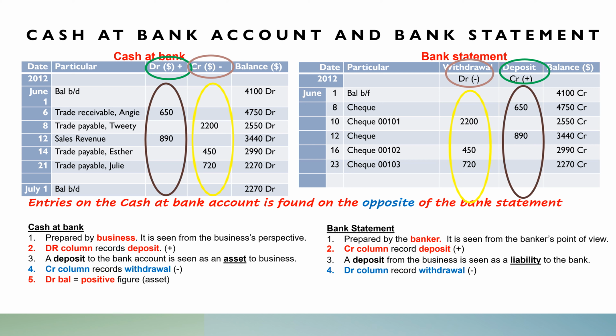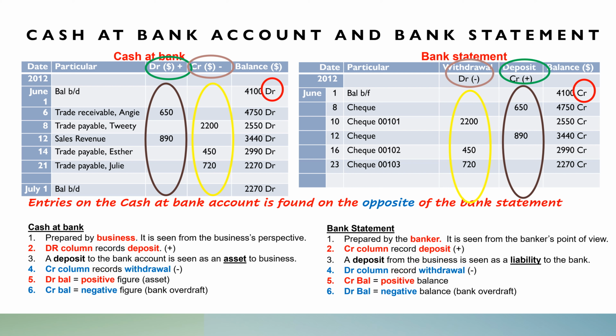Since cash at bank and bank statement entries are opposite, a debit balance in cash at bank will represent a positive figure, which means that a credit balance in the bank statement will represent a positive balance too. While a credit balance in the cash at bank account, which represents a negative balance, will be shown as a debit balance in the bank statement.